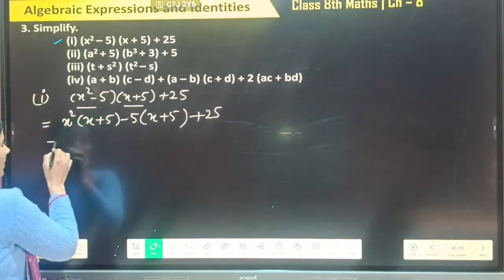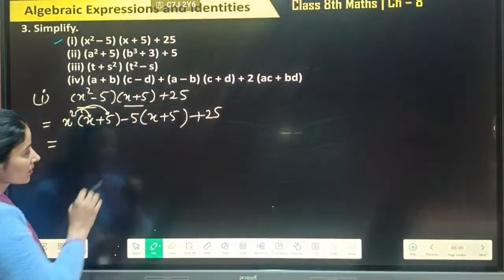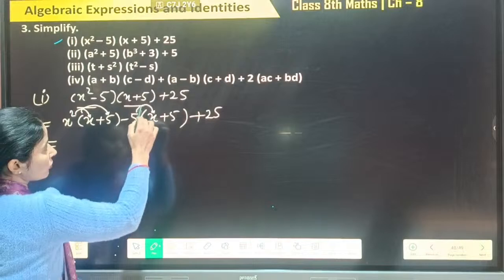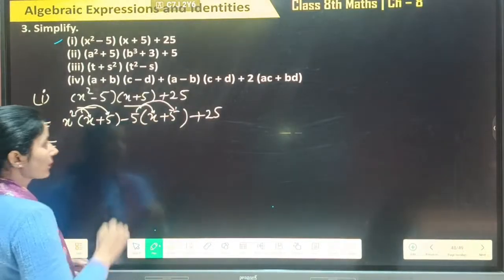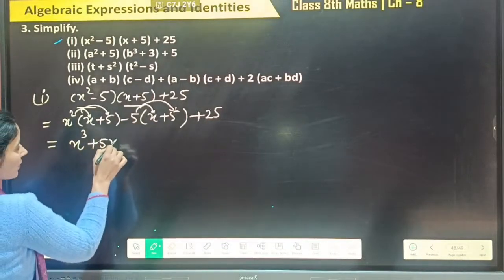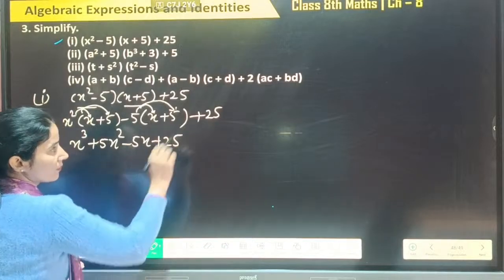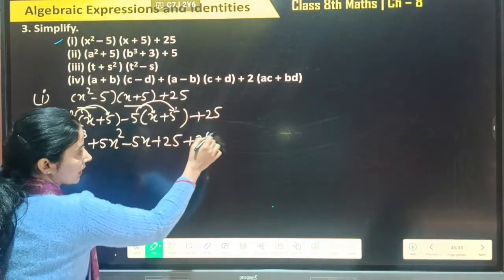Now, this x² must be multiplied first with x, then with the 5. Similarly, this −5 first with x and then with the 5. Then it will be x³ + 5x² − 5x − 25. And this +25 will be as it is.